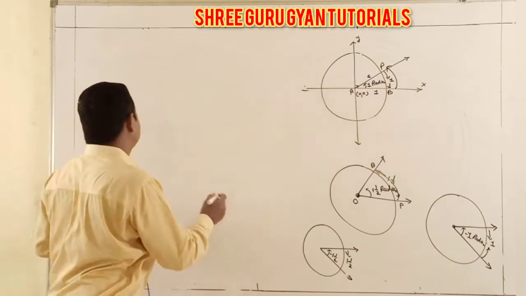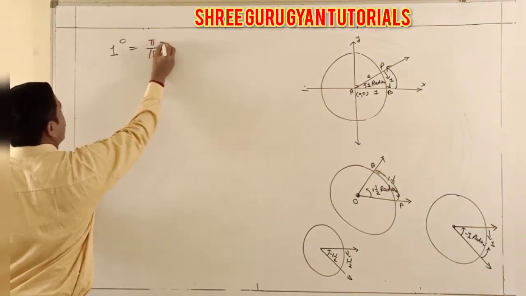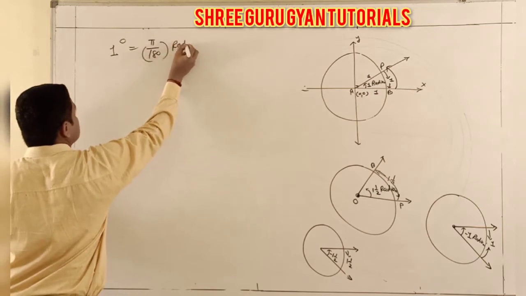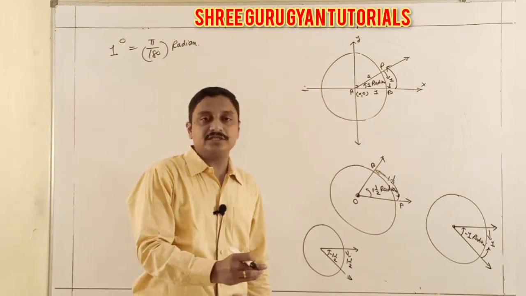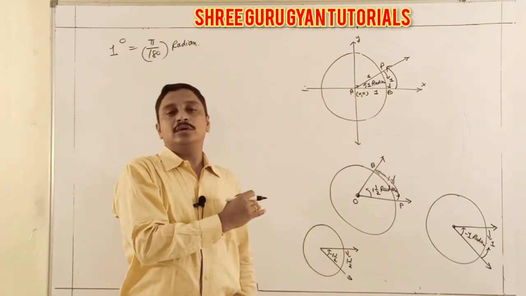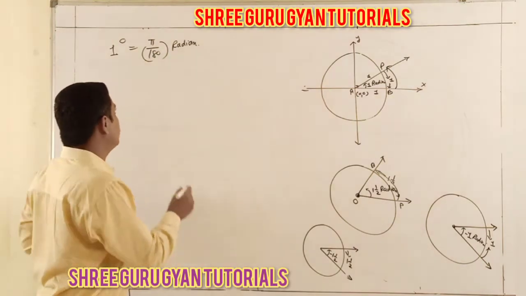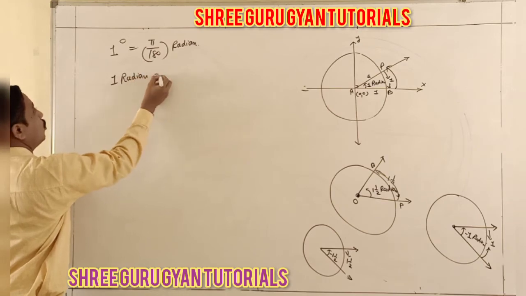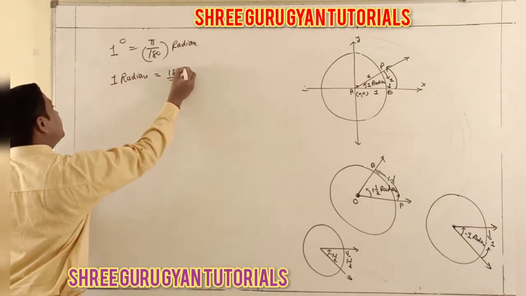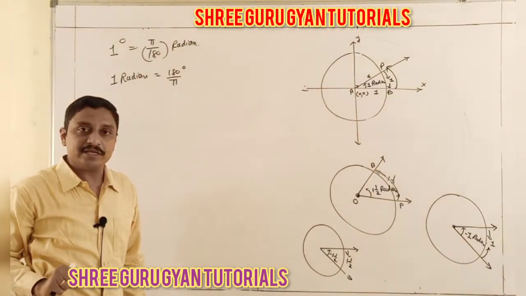Now continue with 1 degree equals pi by 180 radian, as I explained in the previous part. Here I convert radian to degree. So 1 radian is equal to 180 by pi degree, just by cross multiplying.